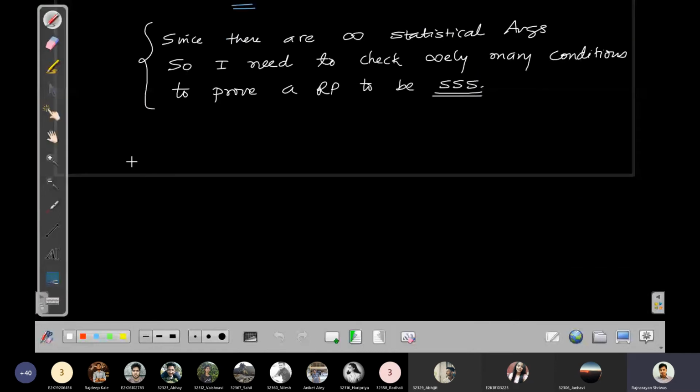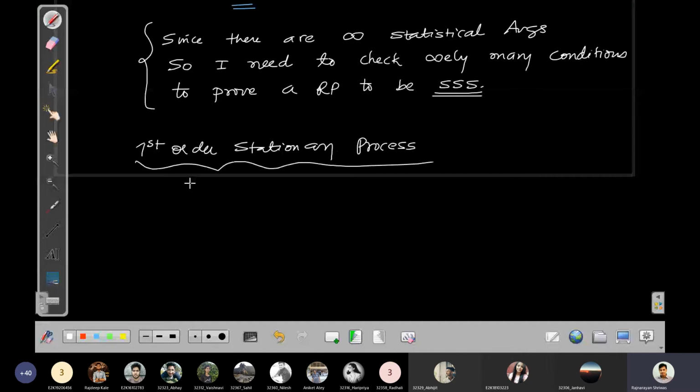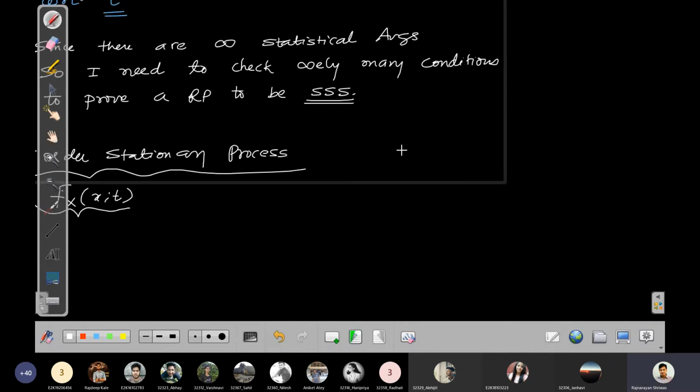So people started defining it like this: first order stationarity process. First order stationary process. First order uses the first order PDF, that is f_X(x, t), right? So this is the first order PDF. This is very simple to understand.